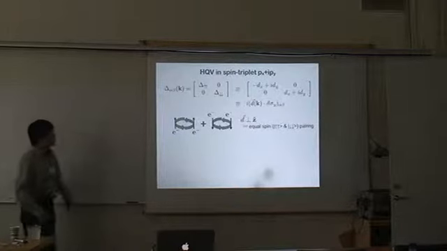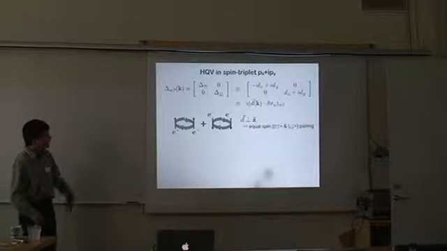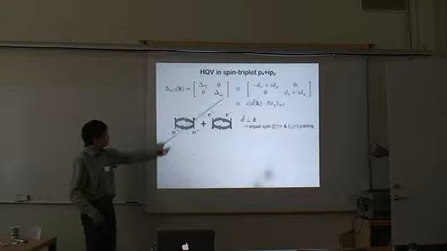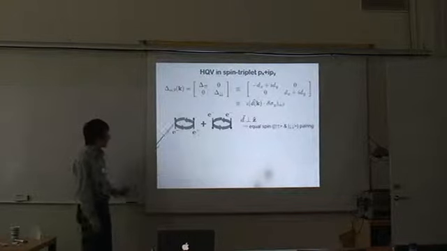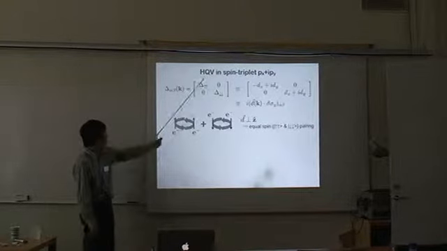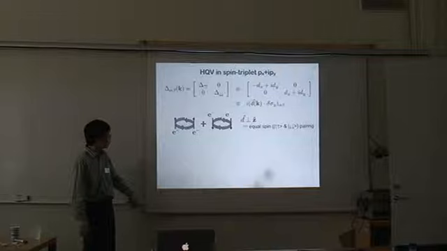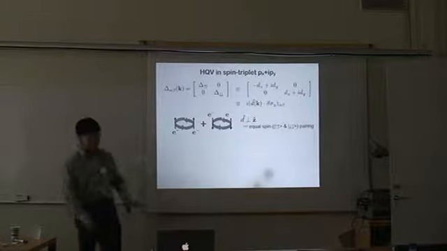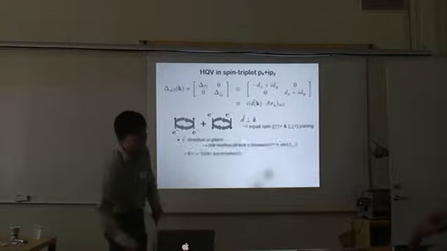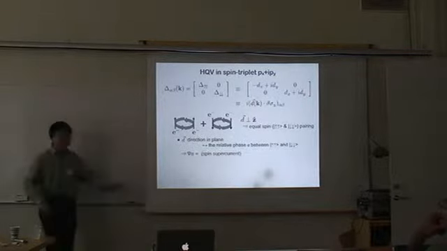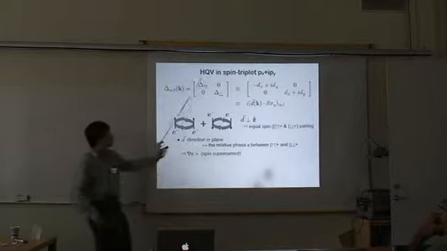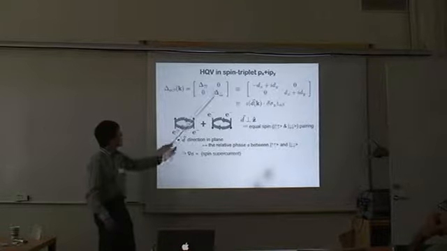And what that immediately tells us is that we certainly have a two-component condensate, and this direction of the D vector in plane would give us the relative phase between these two components of the condensate.